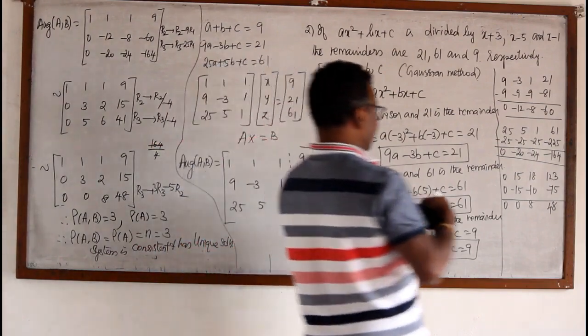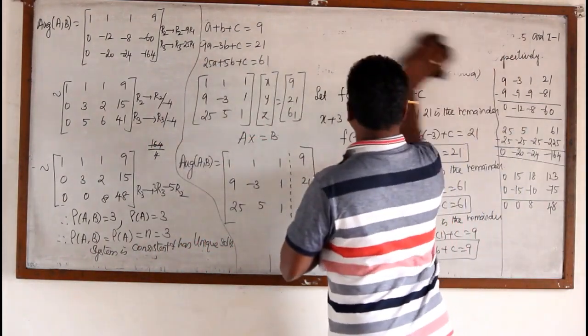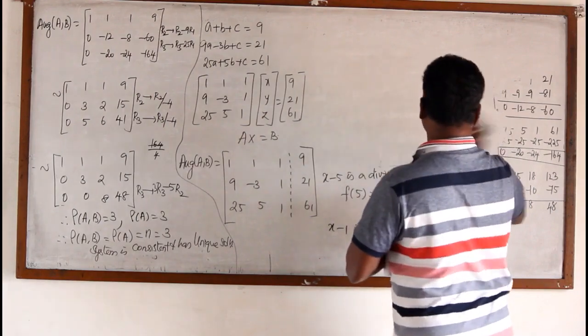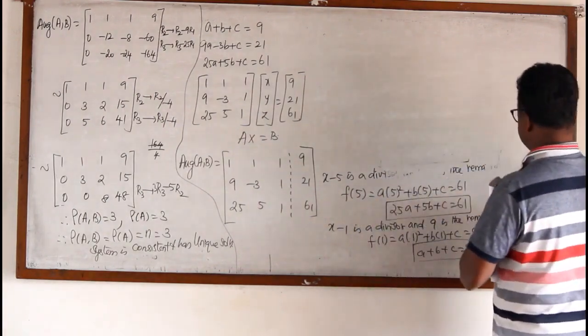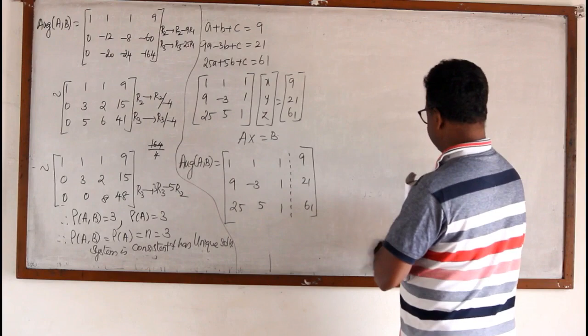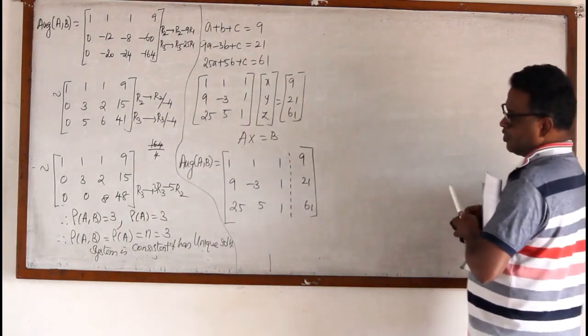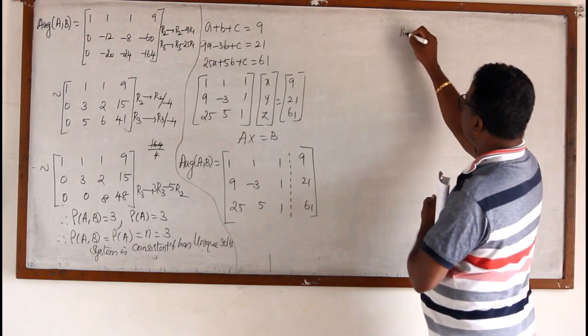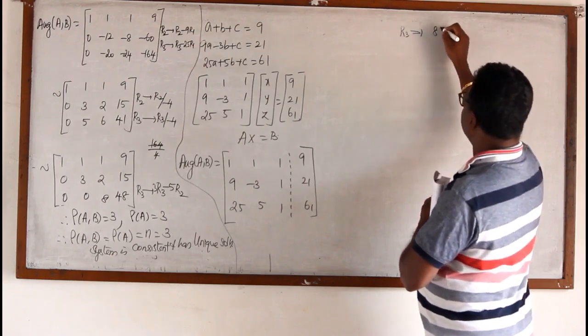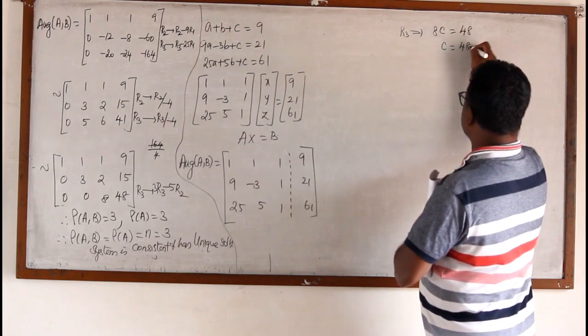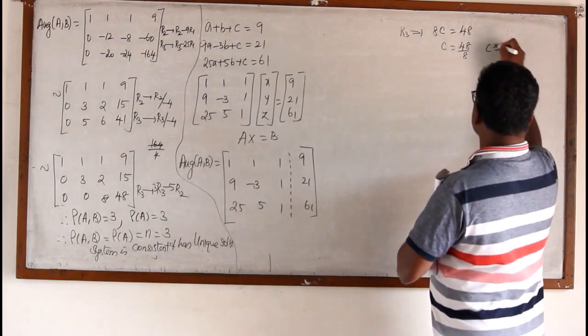So with that, I can go for solving the equations. I have to find A, B, C, isn't it? So from R3, 8C equal to 48, C equal to 48 by 8, C equal to 6.